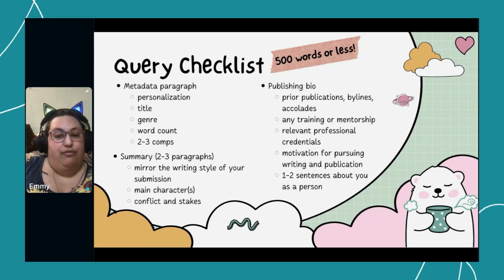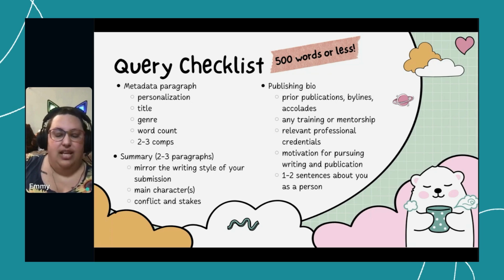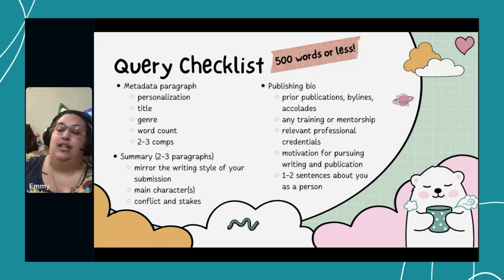Relevant professional credentials, and I say this because a lot of writers have elements of their professional or working lives or even their personal lives that apply to their book. So if you do copywriting, say, as your day job, if you are an electrical engineer and the main character of your book is an electrical engineer, I would also call that relevant.